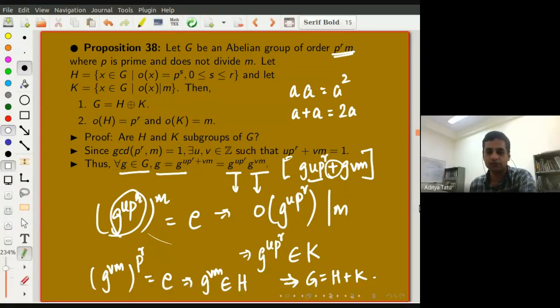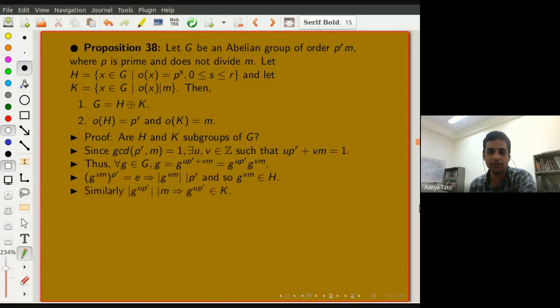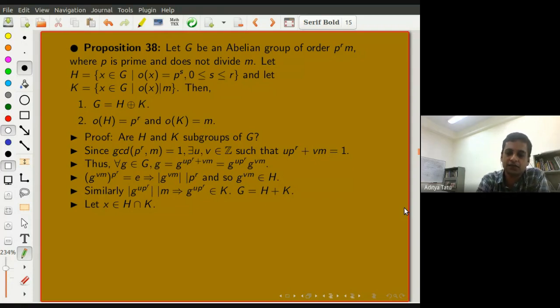Okay. So the first thing we have proved, and the second thing we need to show is that the intersection of H and K is just the identity. So let's examine the intersection set. Let's say x is an element in the intersection of these two.